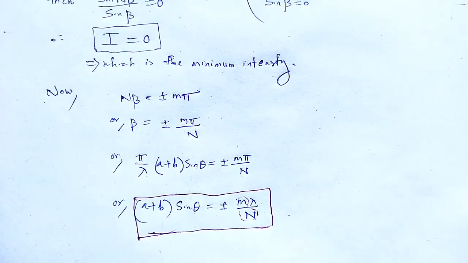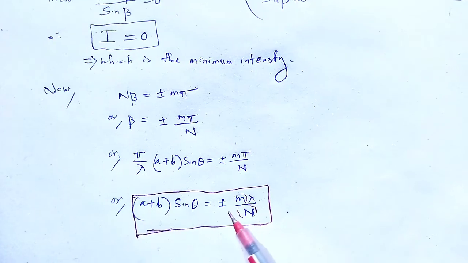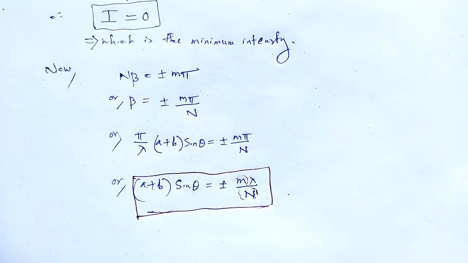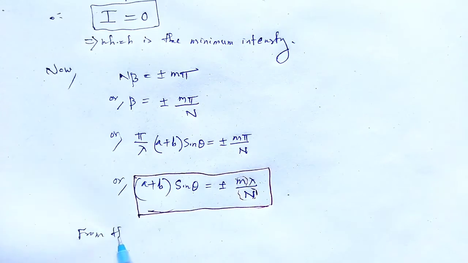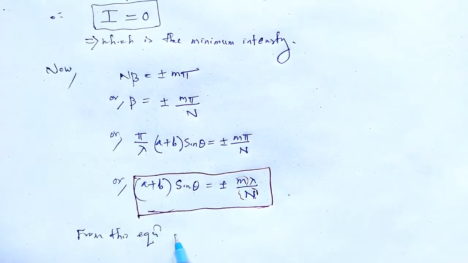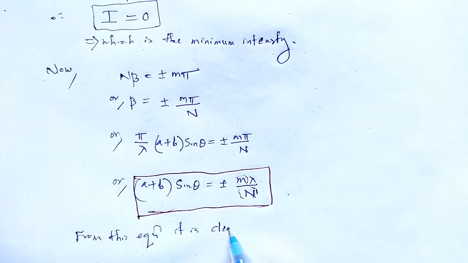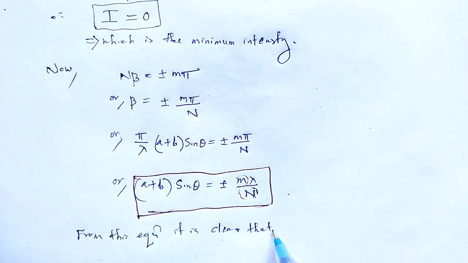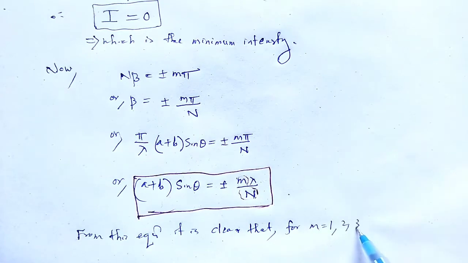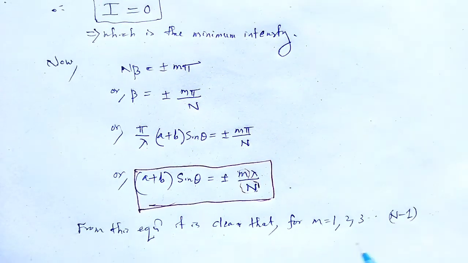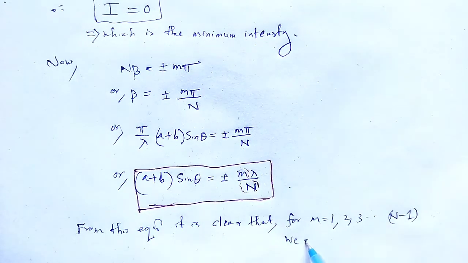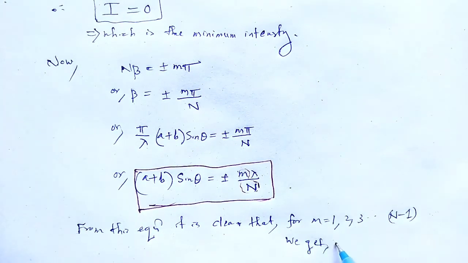It is clear from this equation that for m is equal to 1, 2, 3 up to n minus 1, we get minima.